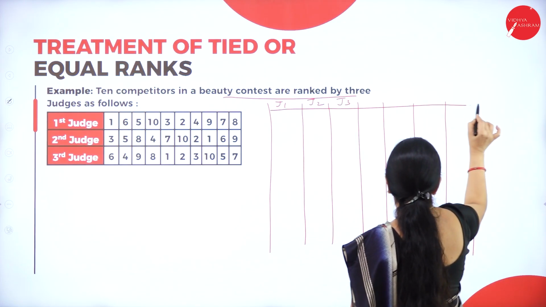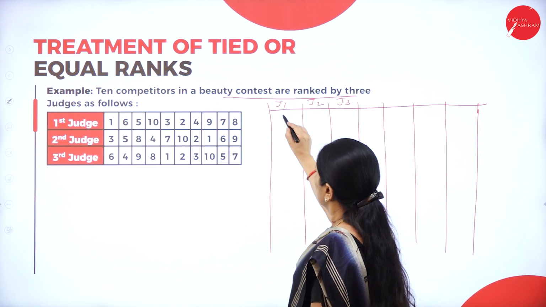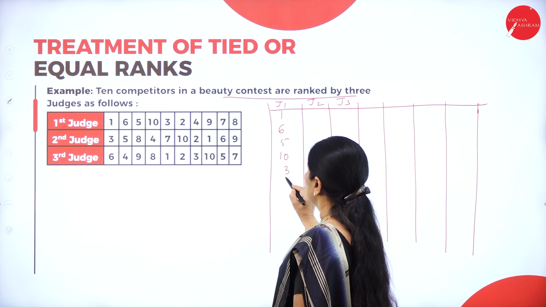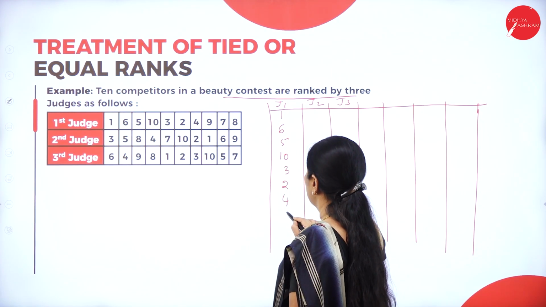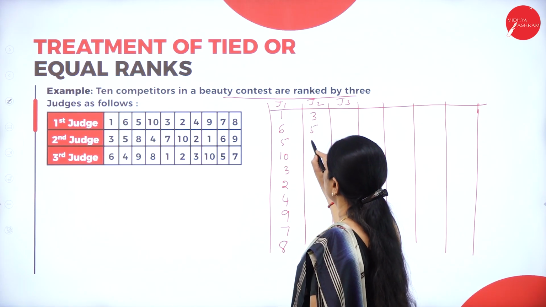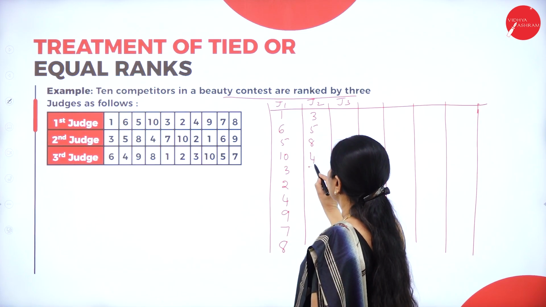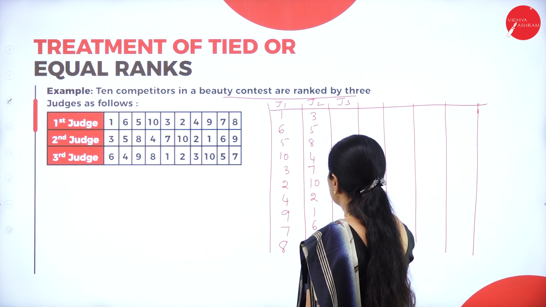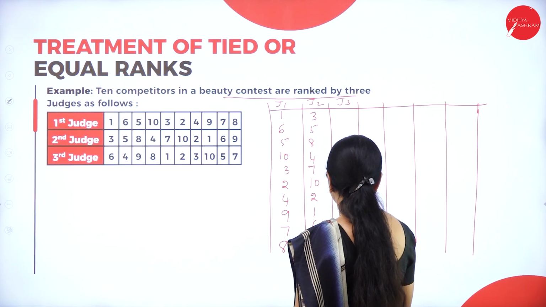Judge 1: 1, 6, 5, 10, 3, 2, 4, 9, 7, 8. Judge 2: 3, 5, 8, 4, 7, 10, 2, 1, 6, 9.